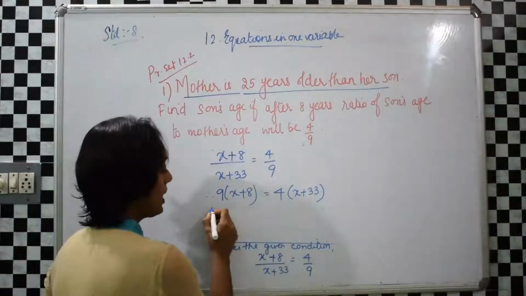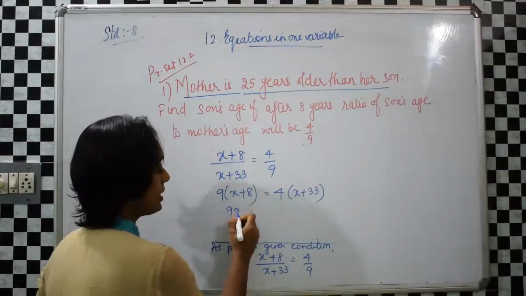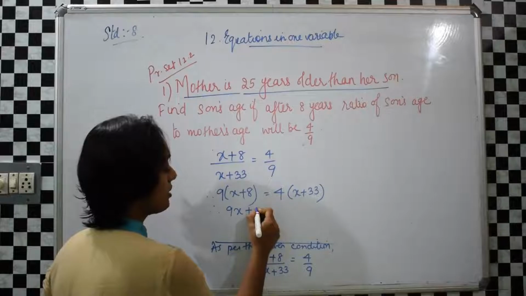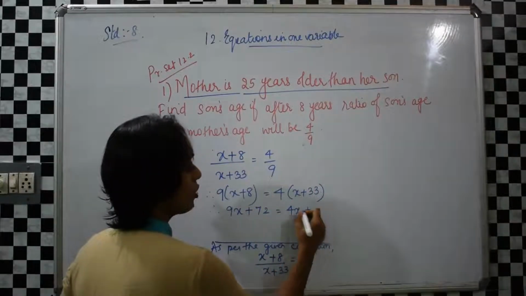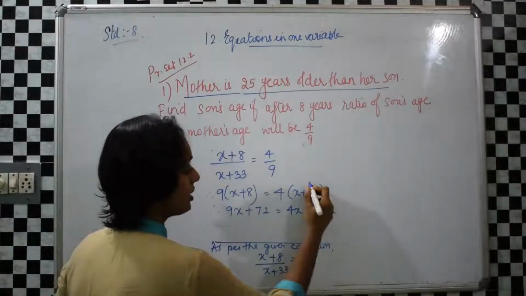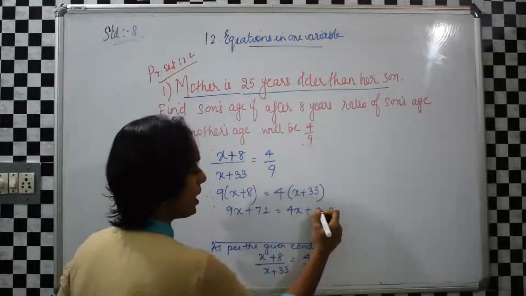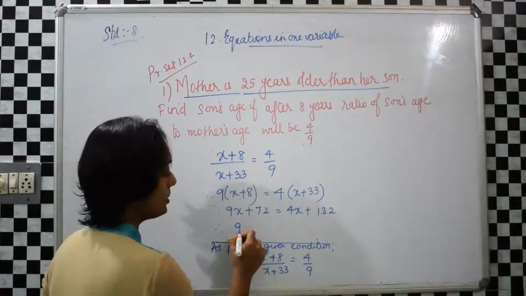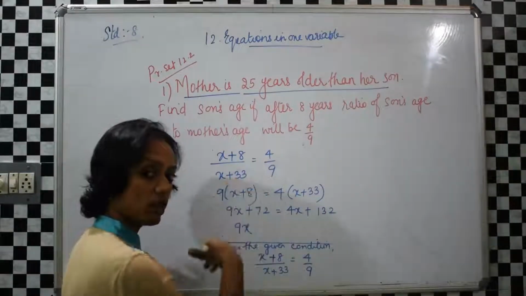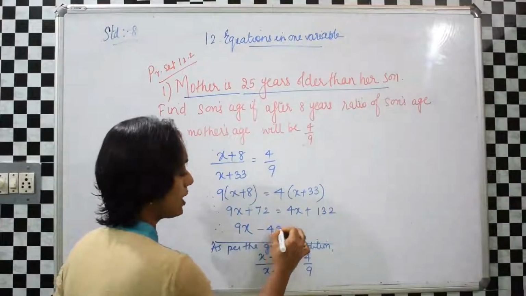Now open the brackets. 9 into x 9x, 9 8s are 72, 4 into x 4x, 4 into 33, 4 3s are 12, 1 carries, 4 3s are 12 plus 1 13, 132. Now what I will do is I will keep this 9x here, take this 4x to the left, it will become minus 4x.